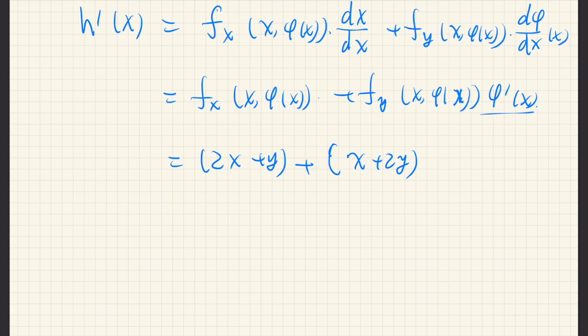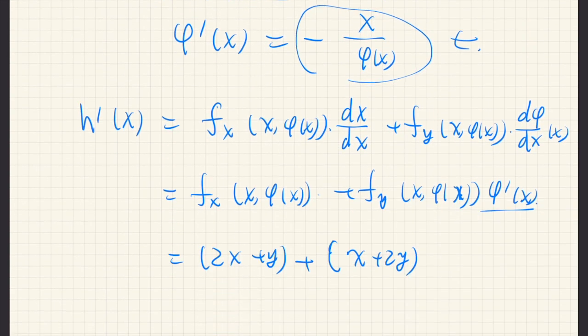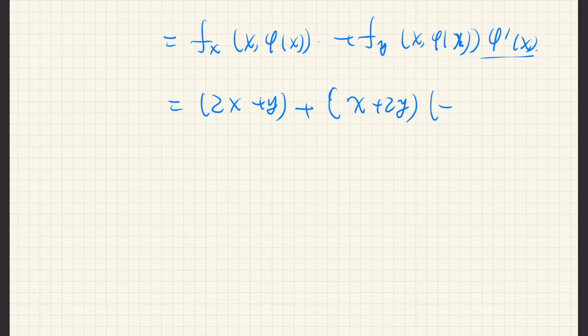And phi prime we just obtained as this. So that is negative x over phi of x. And of course, y is actually phi of x. So that's phi of x, and this one is also phi of x.